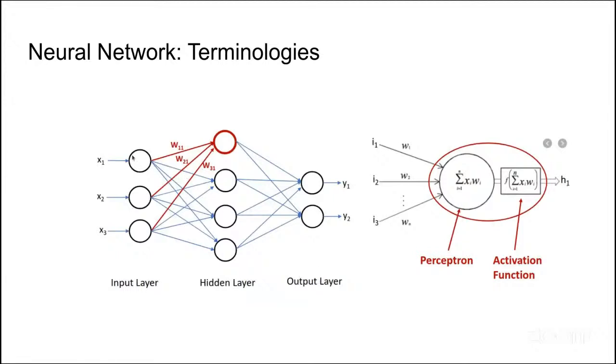So now each of these inputs that you see, x1, x2, x3, are the input. So x is the vector and these are the features of the vector. For example, x1 is one feature, x2 is another feature, x3 is another feature, and these are going to the input layer. And these are the weights that are connecting.